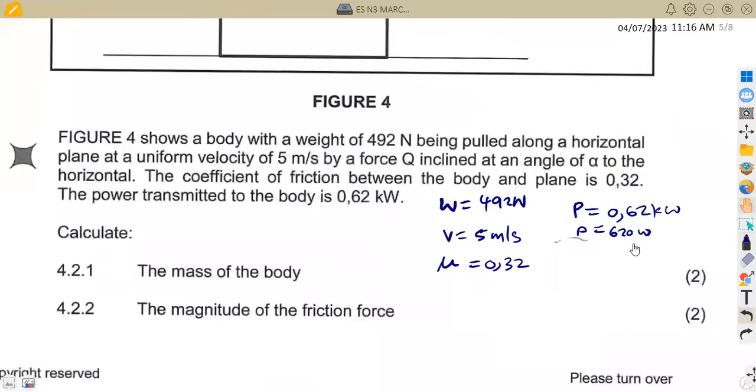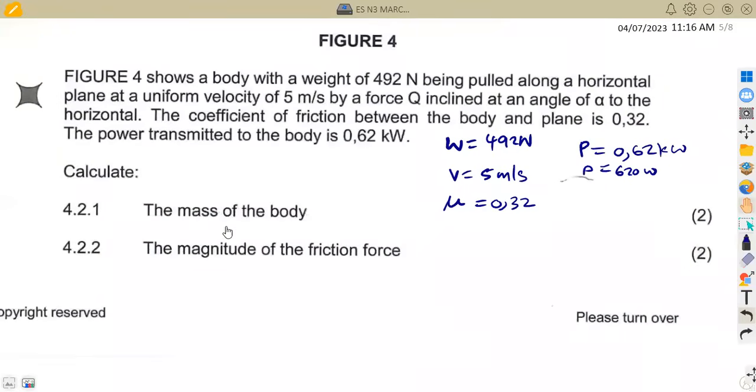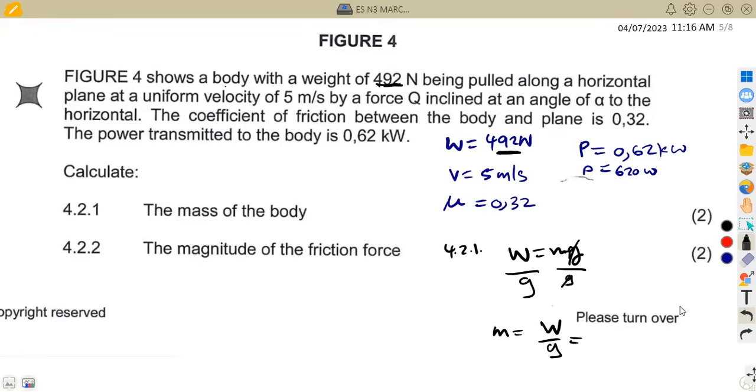The question is to calculate the mass of the body, question 4.2.1. We can calculate the mass because we are given the weight of the body. We know that weight is equivalent to mg, so to calculate mass, divide by g both sides. That means our mass is going to be weight over the gravitational acceleration.